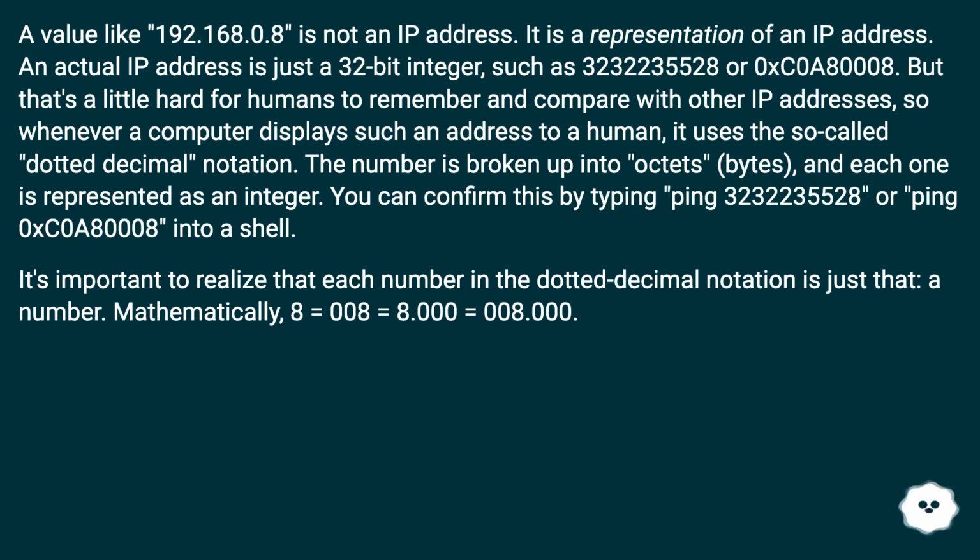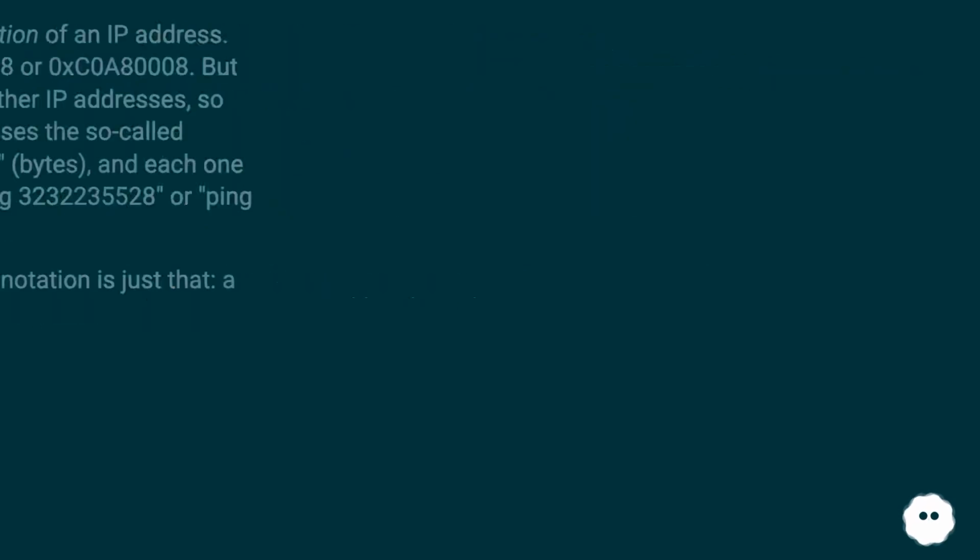The number is broken up into octets, bytes, and each one is represented as an integer. You can confirm this by typing ping 3232235528 or ping 0xC0A80008 into a shell. It's important to realize that each number in the dotted decimal notation is just that, a number. Mathematically, 8 equals 008 equals 8.000 equals 8.000.